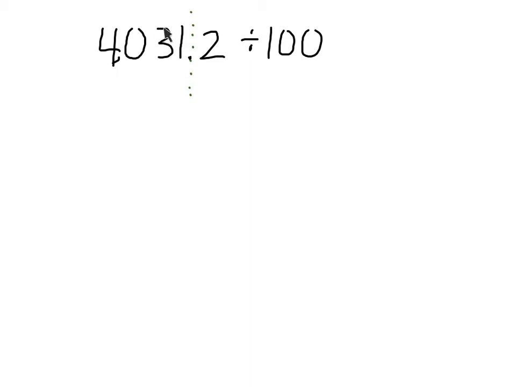That 3 is going to end up in the tenths place, and so on and so forth. Kind of like the decimal moving left 2 places. And I'm going to get an answer of 40 and 312 thousandths. Again, it kind of appears that I have my 2 zeros and my digit moved 2 places to the left. Really, the digits moved to the right.